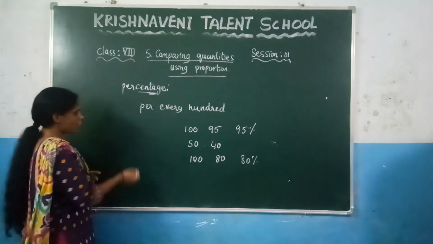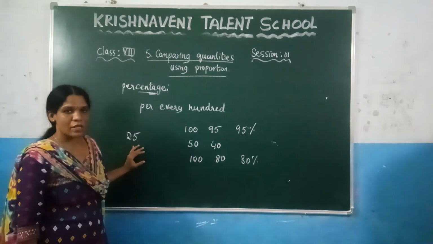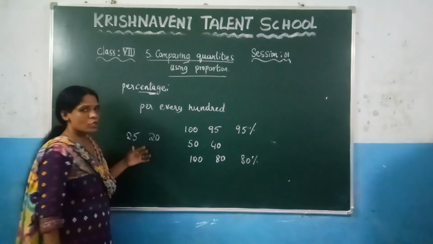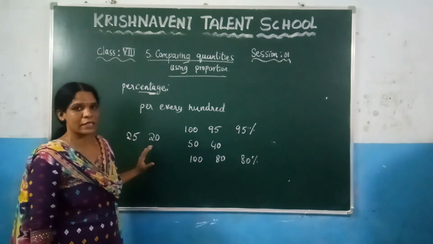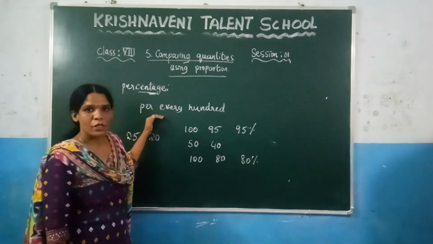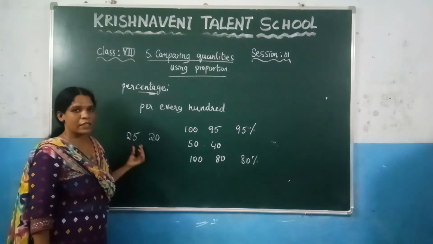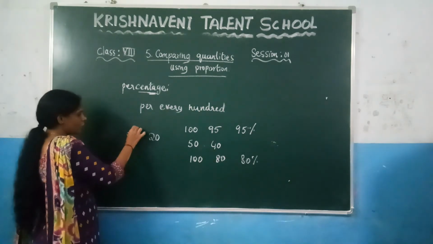And let us consider one more example. Suppose one exam is conducted for 25 marks and he got 20 marks. If you want to find the percentage, how do you find it? Percentage means for every 100 you need to calculate. So if you want to make it 100, which number do you need to multiply? 25 into 4.